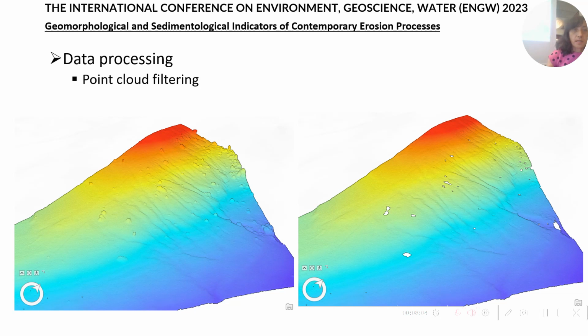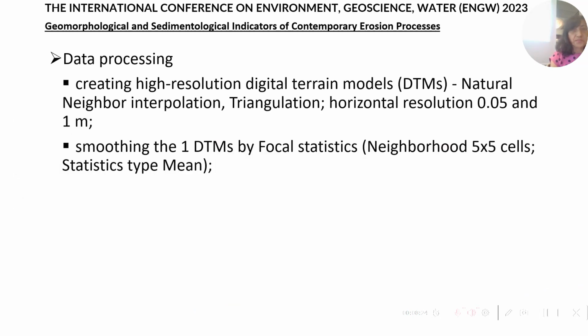Here you can see an example. This is the dense point cloud, and here is the filtered point cloud where vegetation was removed. And we use this terrain data to create terrain models.